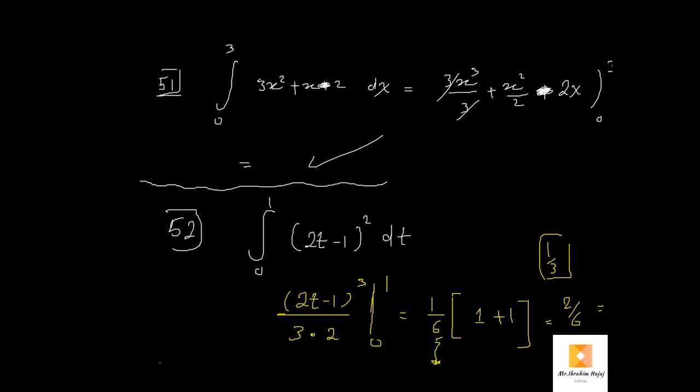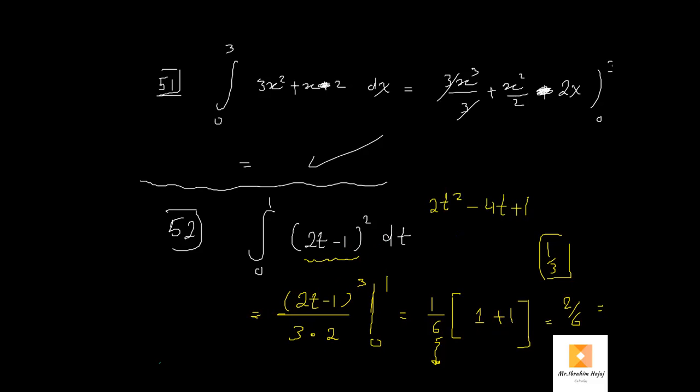Mister, I use another strategy, which is I expand the bracket. No, I expand the bracket: 2t squared is 4t squared plus 1.